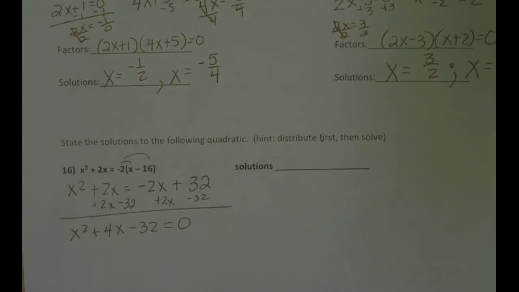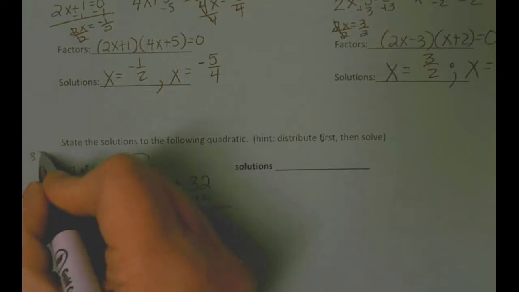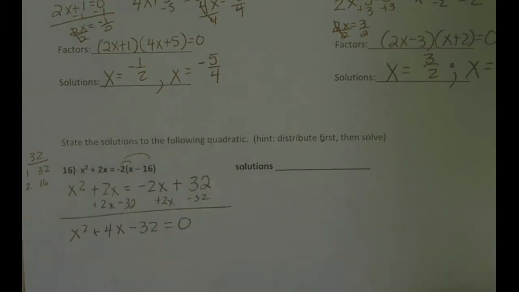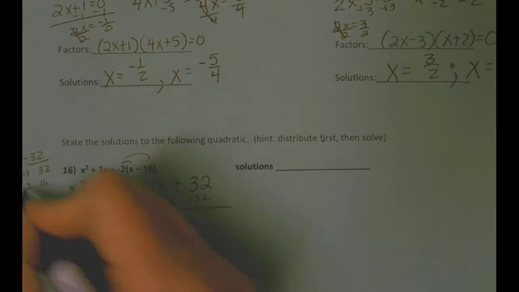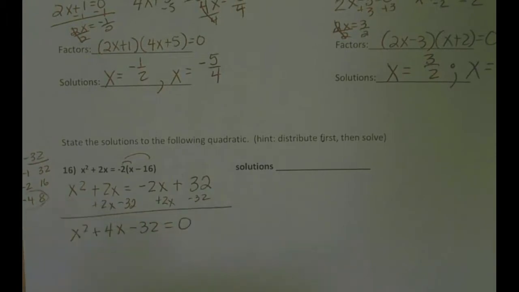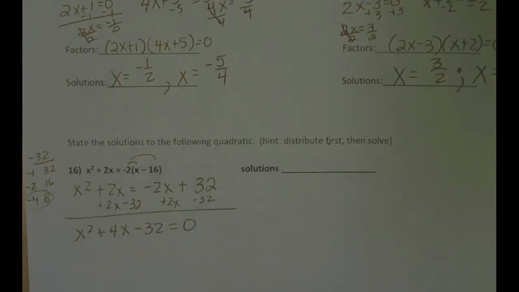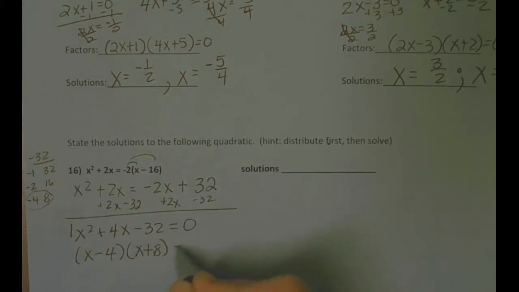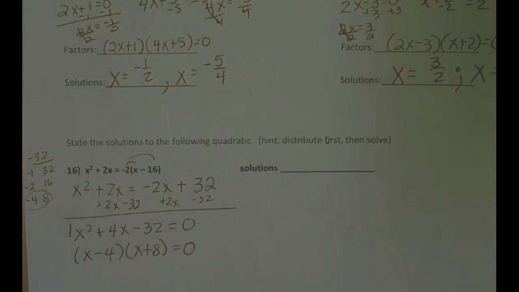And I'm going to see if it will factor. The factors of 32 are 1 and 32, 2 and 16. Let's see, this is going to be a negative, negative 4 and 8. That will work. Since this is 1, I can use my shortcut factoring. This is factored. It is not solved yet.